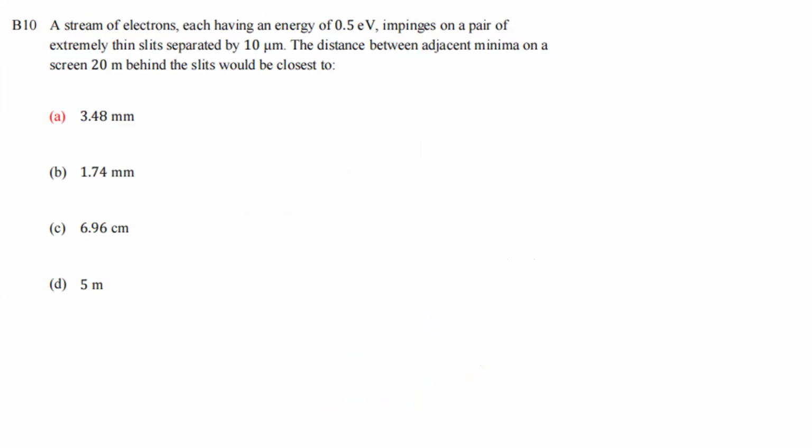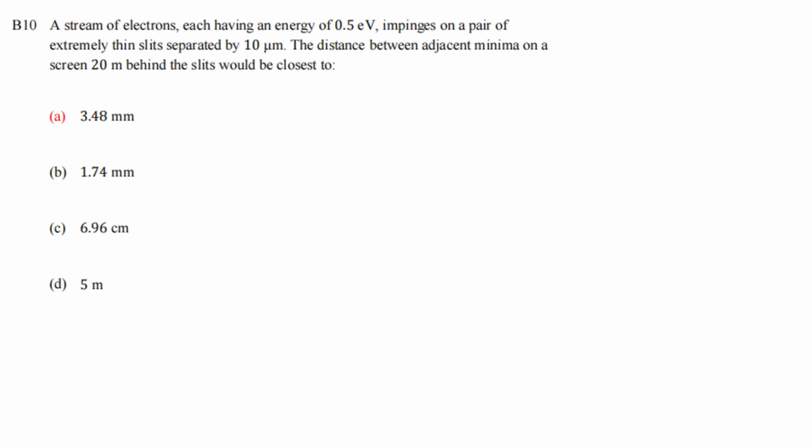The distance between the adjacent minima on the screen 20 meter behind the slit would be closest to what? So we need to find the distance between the adjacent minima on the screen placed behind the slit.